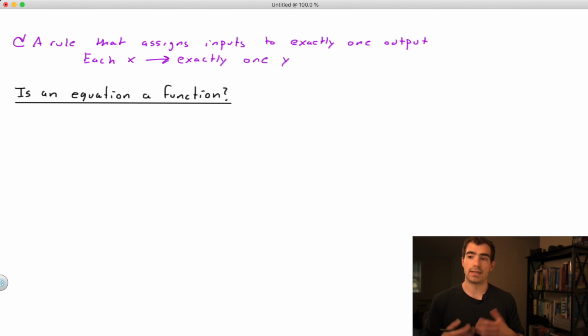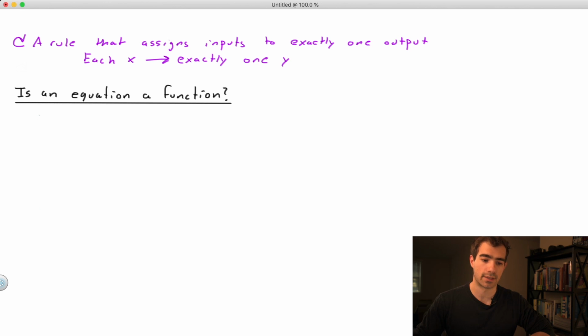And so if our equation satisfies that, then it would be a function, but if it doesn't, then it wouldn't be. And there are actually some examples of this, and there are some that you might already be familiar with. Now, to figure this out, essentially what we're going to want to do is get an explicit expression for y, for the output, right?